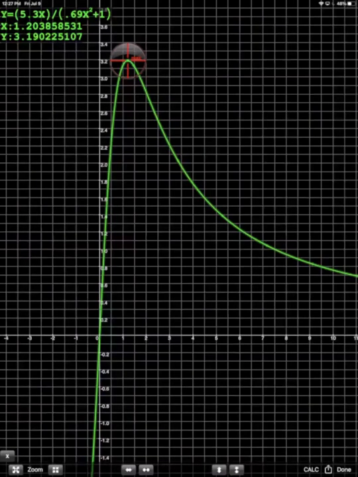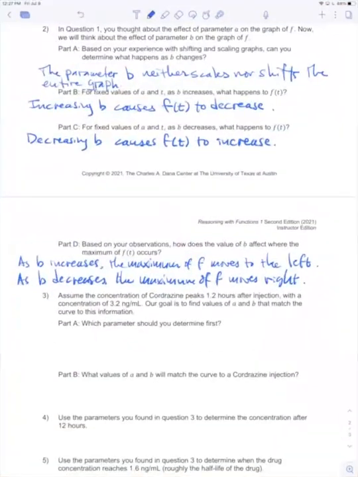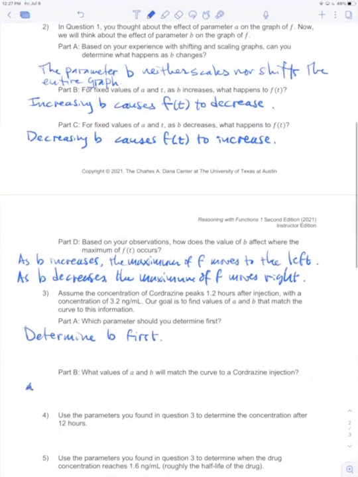Okay, let's go back to our paper. So we worked with B first, and then we found A to be about 5.3, and B was about 0.69.